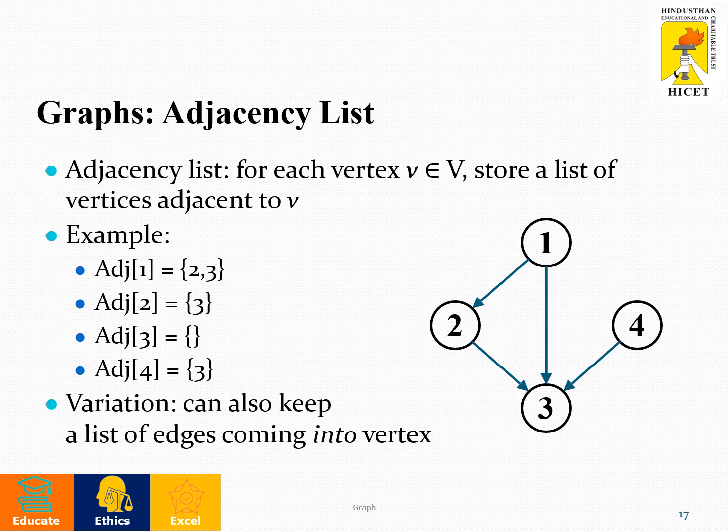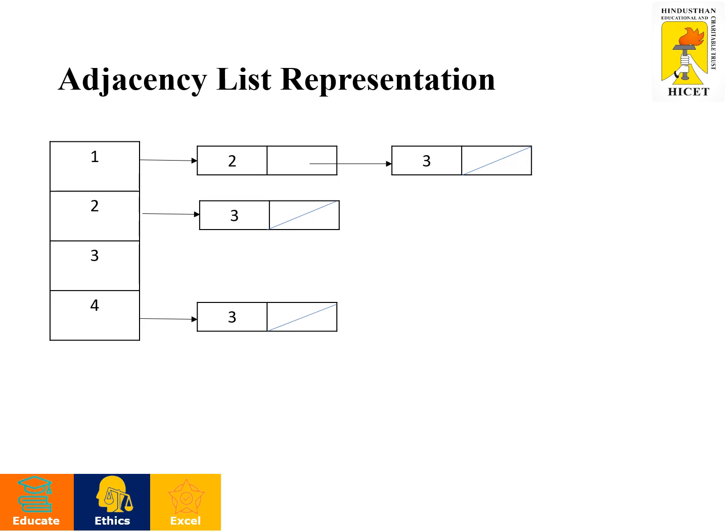Similarly, the adjacent of 4 is 3. Then finally, you can make a linked list representation like this. Adjacent of 1 is 2, 3, so 2, 3 can be placed like this. Adjacent of 2 is 3. For 3, there is no adjacent. Similarly, for 4, the adjacent is 3.